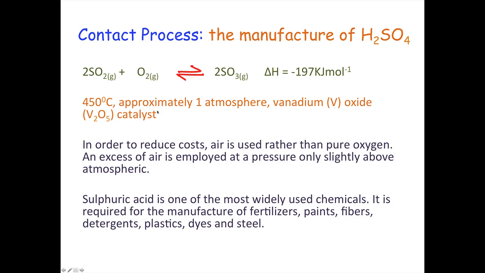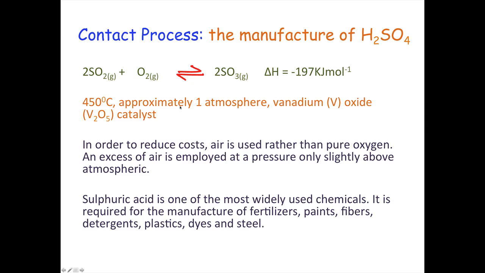So most of this, in terms of the conditions, will be the same as before with the Haber process. You're always making a compromise between equilibrium, kinetics, and economics, and economics is the most powerful driving factor here because it's an industry and you want to make money. So if you understand the Haber process, you should be able to understand why we are using these conditions for the contact process.